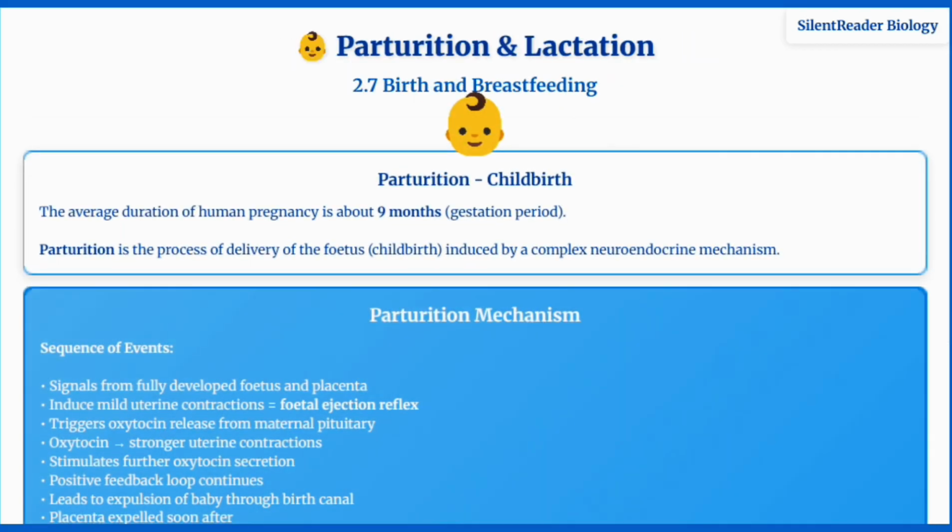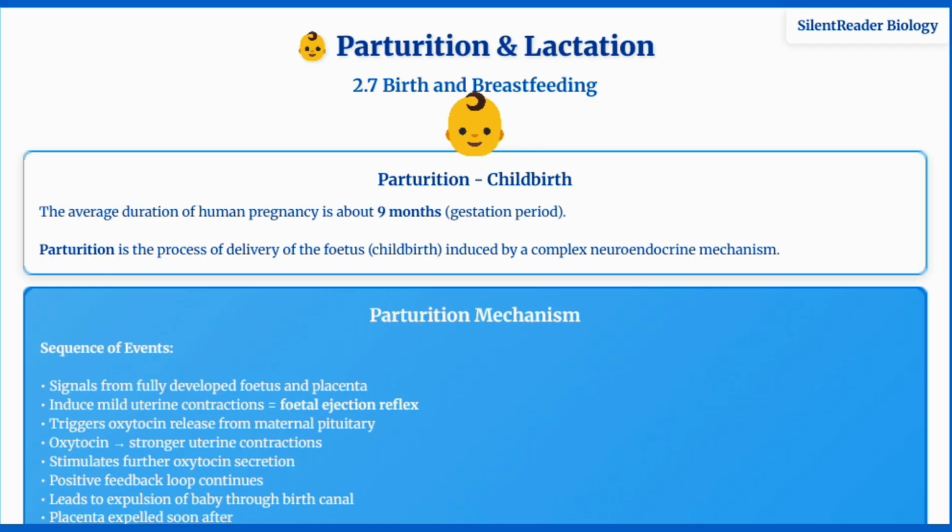Finally, let's explore parturition and lactation, the completion of the reproductive journey. Parturition, or childbirth, occurs after approximately 9 months of gestation and is induced by a complex neuroendocrine mechanism. Signals originate from the fully developed fetus and placenta, triggering mild uterine contractions called the fetal ejection reflex.